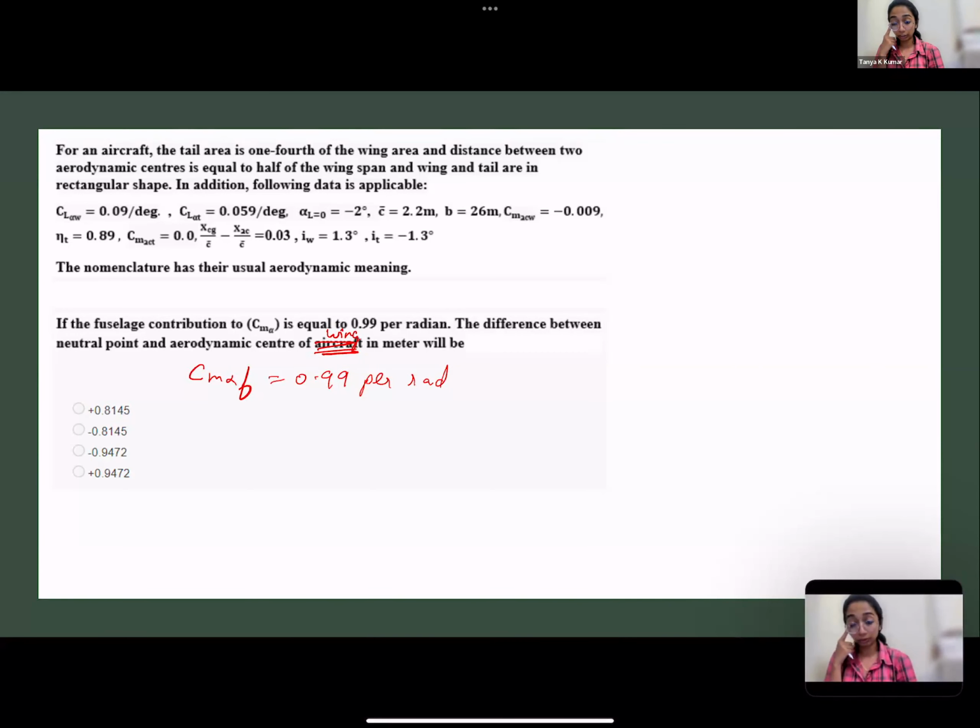So they've asked you XNP minus XAC wing. This is the question. Any ideas? Just read the question properly and think about it. I'll give you some time to think.